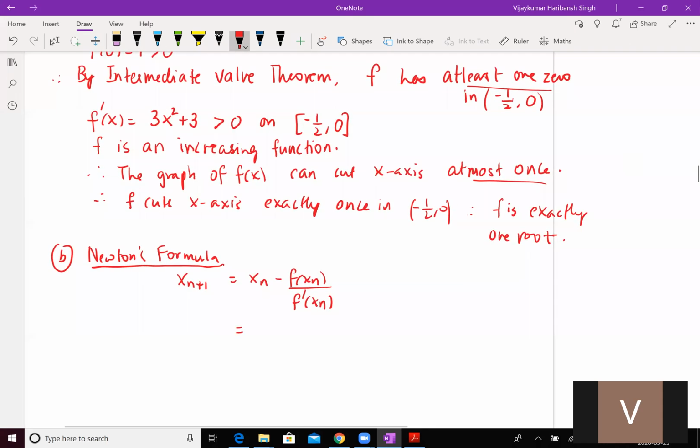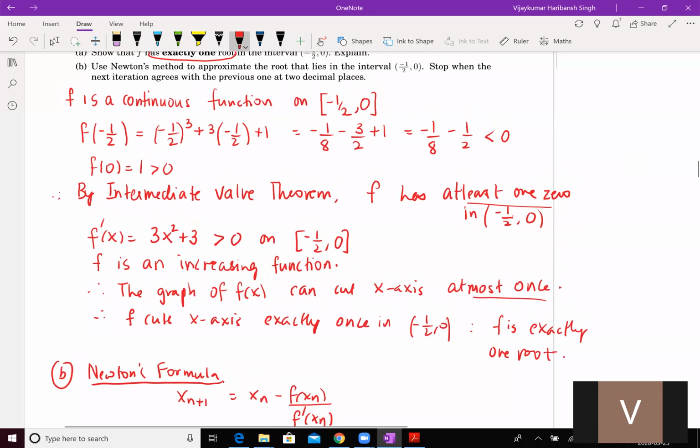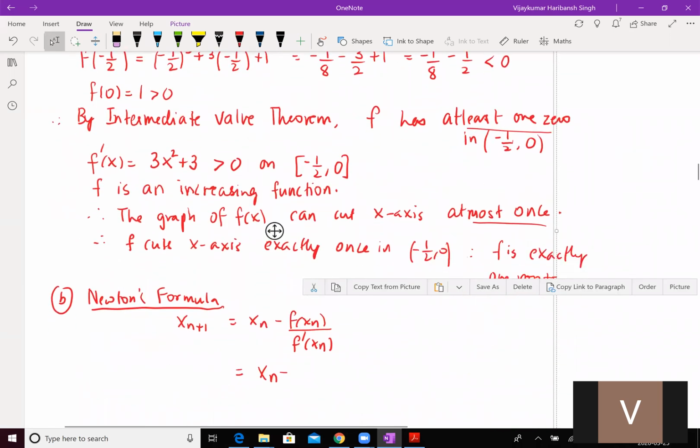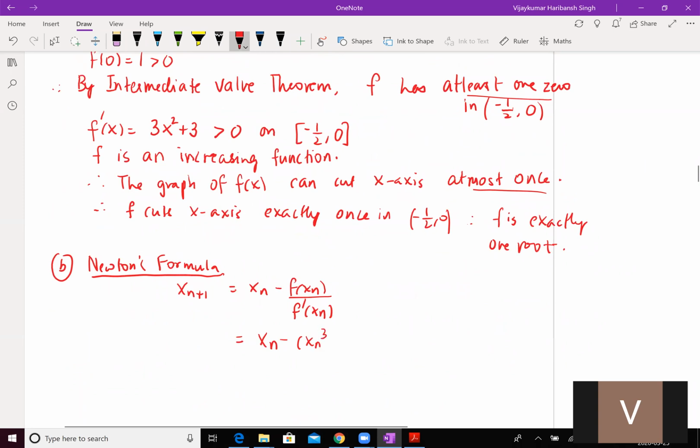So this is xn minus xn cubed plus 3xn plus 1 divided by the derivative of this, which is 3xn squared plus 3.